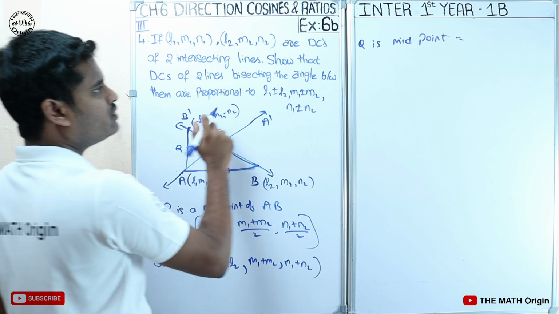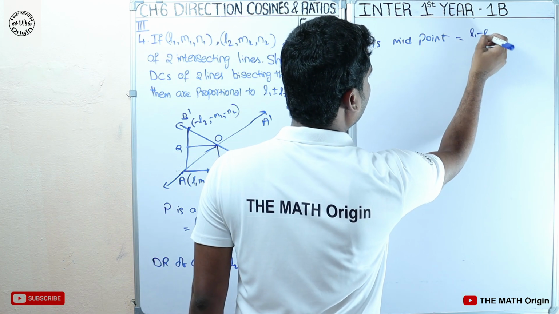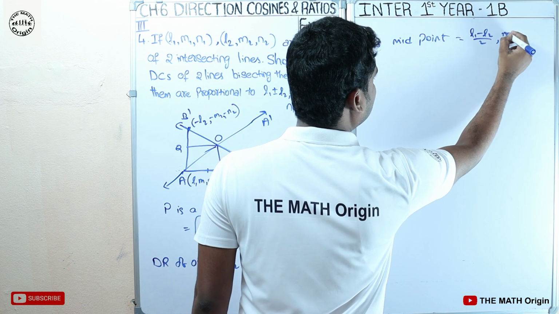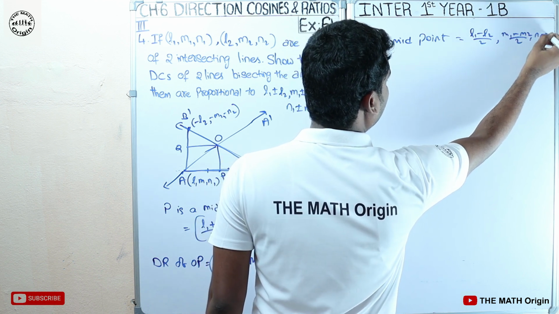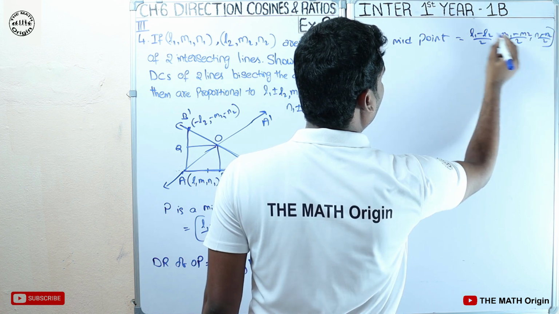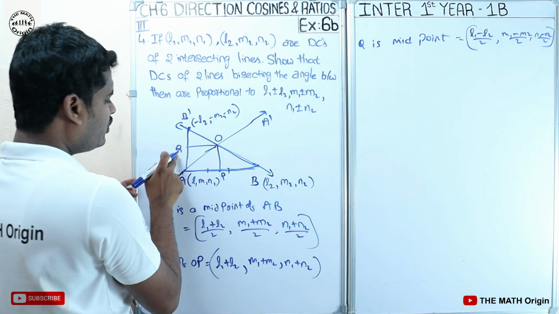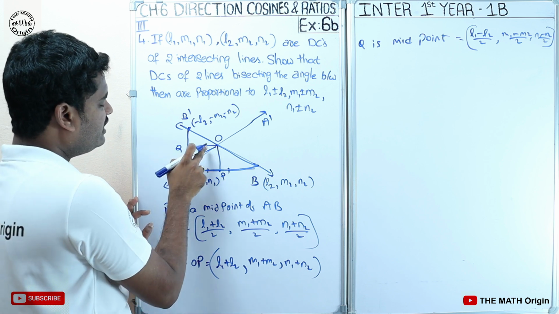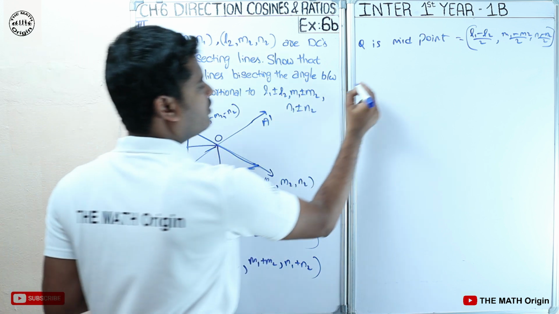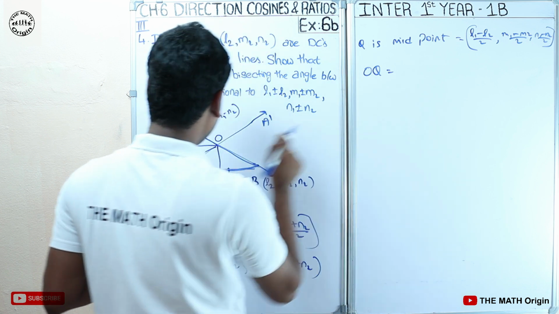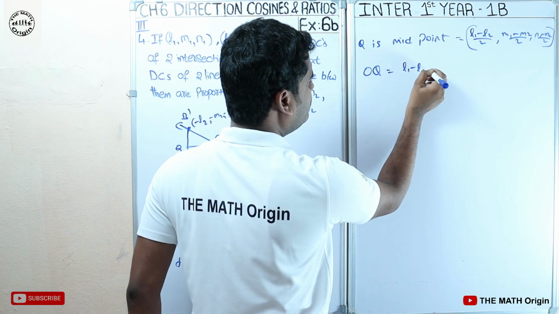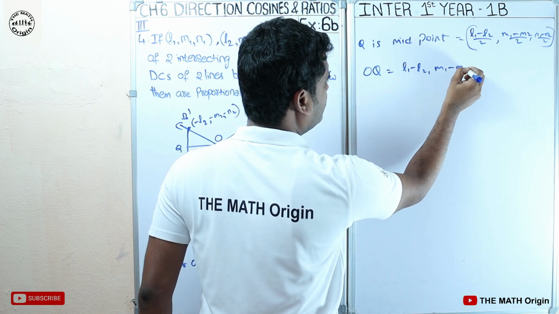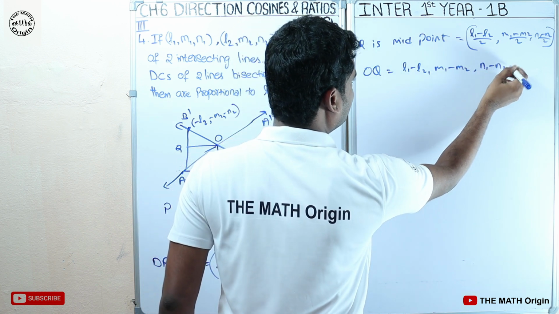L1 minus L2 by 2, next M1 minus M2 by 2, next N1 minus N2 by 2. ఓకే, మనకు Q పాయింట్ వచ్చింది. నెక్స్ట్ వీ నీడ్ టు ఫైండ్ ద డైరెక్షన్ రేషియో ఆఫ్ OQ. Direction ratio of OQ is equal to L1 minus L2, same way M1 minus M2, and in the same way N1 minus N2.